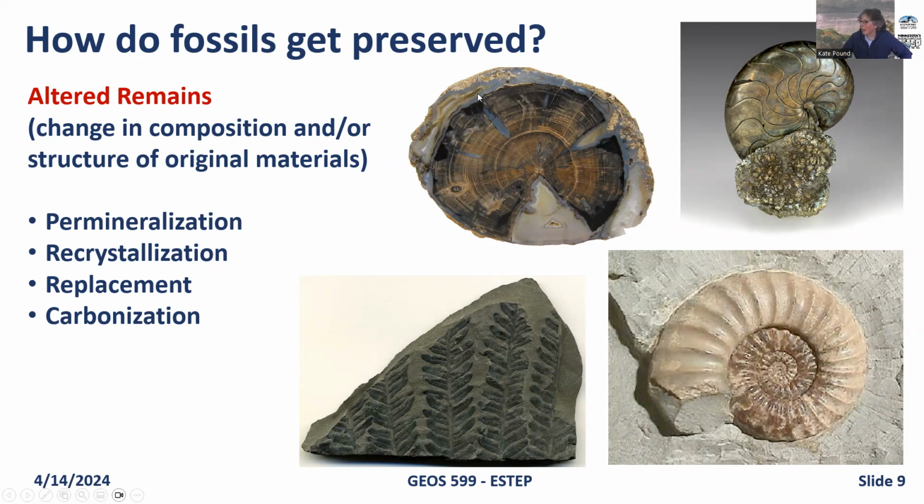So in this case, I want you to look at what you may identify as petrified wood. That is the common term for technically what we call permineralization. And in permineralization, fluids fill in empty spaces in whatever the original material is.